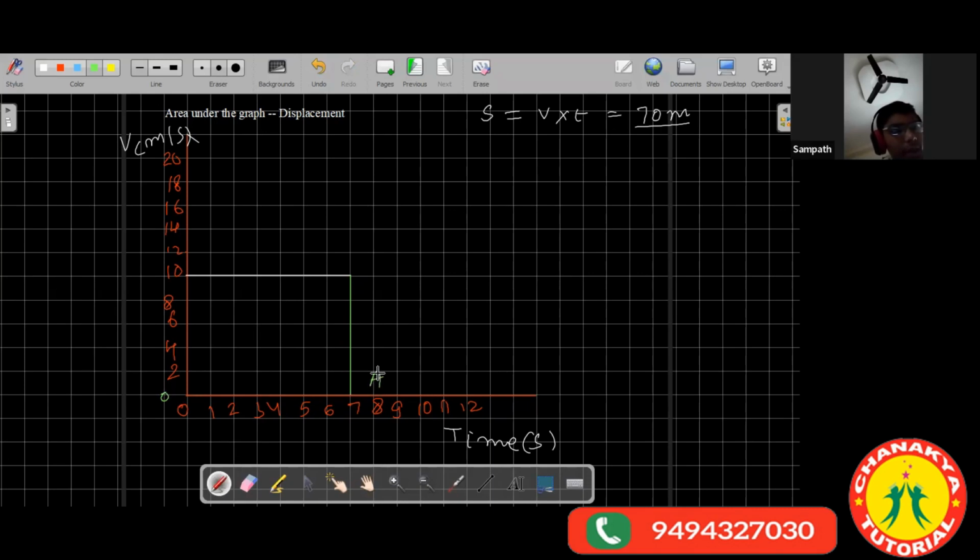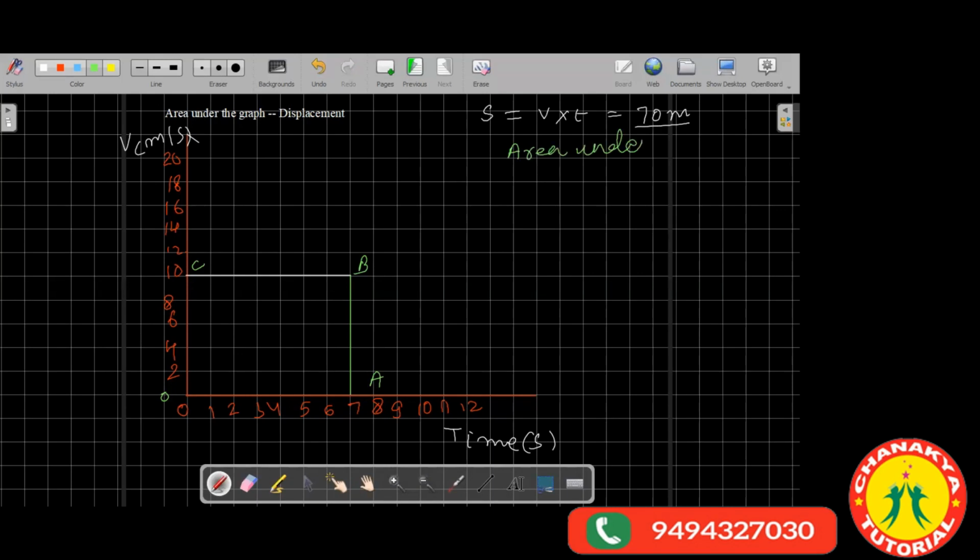It will be 70. So area under the graph is numerically equal to displacement. It is numerically equal to displacement, not the units. You don't look for units, just multiply and find out the area.